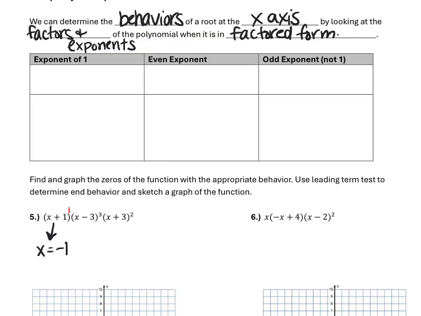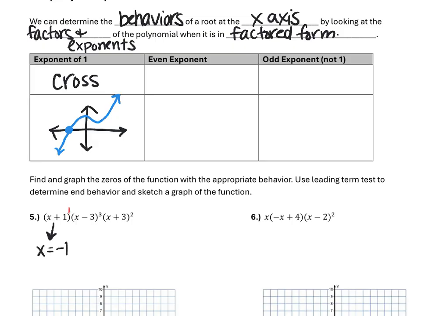But there are three things that your graph can be doing at the axis. If you have an exponent of 1, such as this, it will cross the axis, just looking kind of like a line. So it'll be something like this. Okay? It just crosses the axis at that point and keeps going.